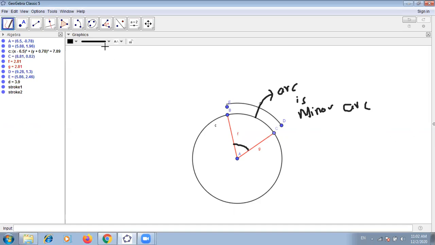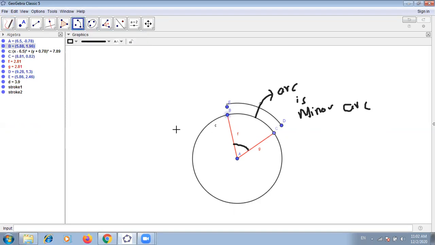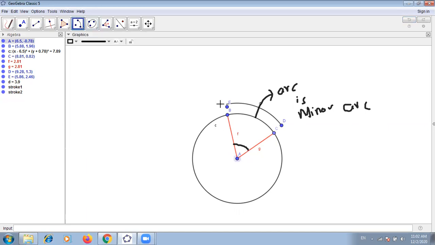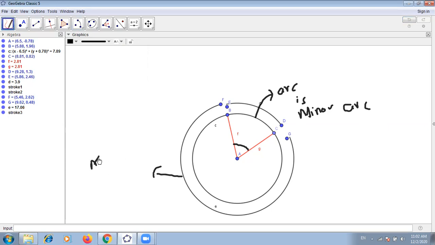And if we talk about this arc, starting from this point, then this arc is a major arc, because it is formed by an angle greater than 180 degrees, or you can say it is greater than a semicircle.